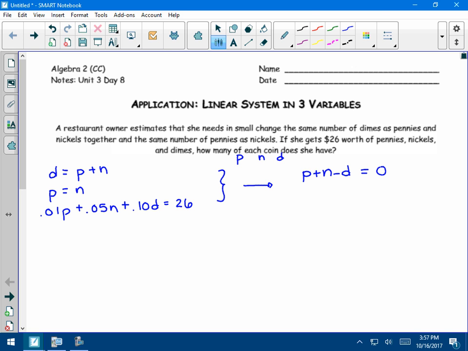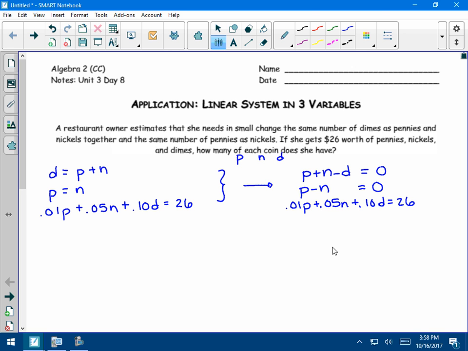If I subtract the N over, I would have P minus N equals 0 as well. And this third one's already set up in the order I like: 0.01P plus 0.05N plus 0.10D equals 26. The only reason I did that is because any question like this you've normally seen has all the variables on the left and the numbers on the right.